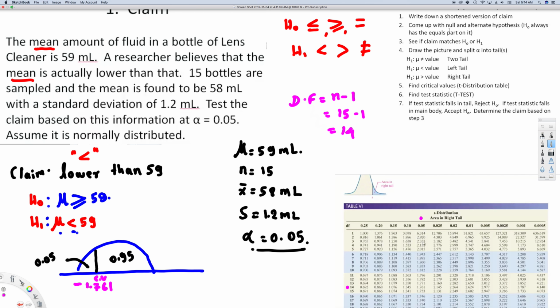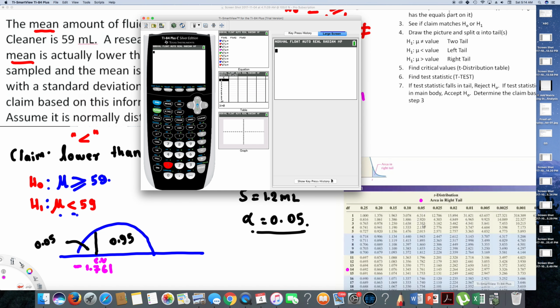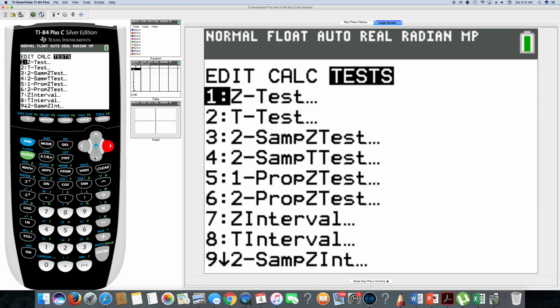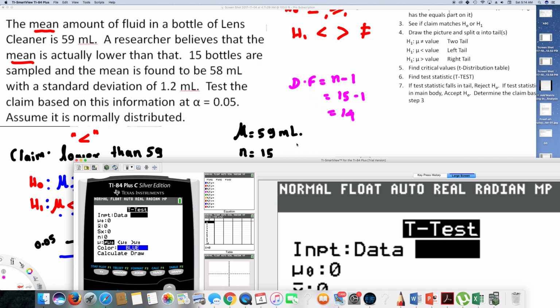Now let's go ahead and find that one on the calculator. First select stats and go to tests. I'll make this bigger. Go to t-test and then enter. Make sure you select the stats option. We know the mu value is 59, so let's enter that right here.